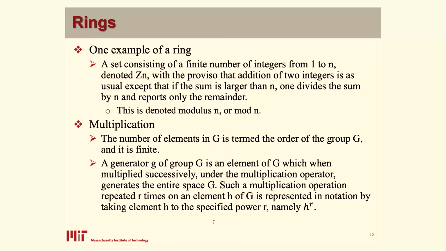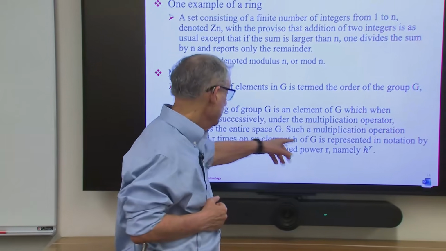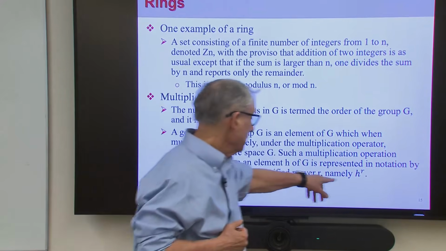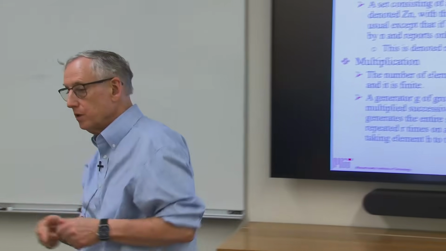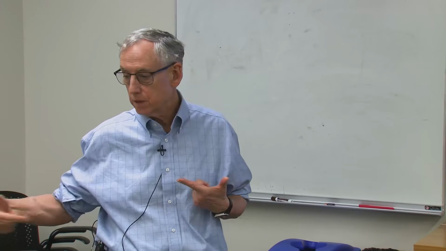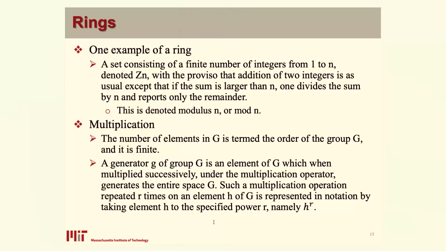If we do the multiplication operation R times on an arbitrary element H of G, then we can use this notation, H to the power R, which means H is multiplied by itself successively R times. Now, the generator is not necessarily this H. H is any element in the group. The generator is a particular element, and there could be more than one.